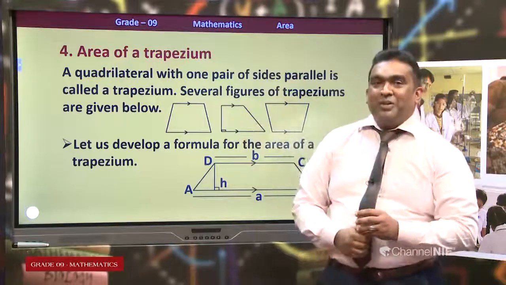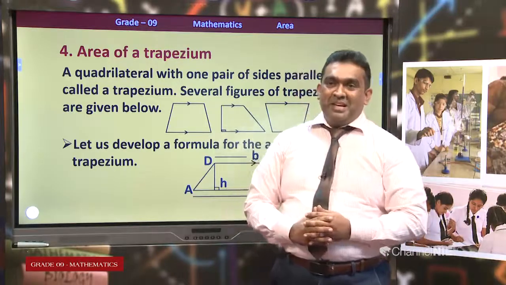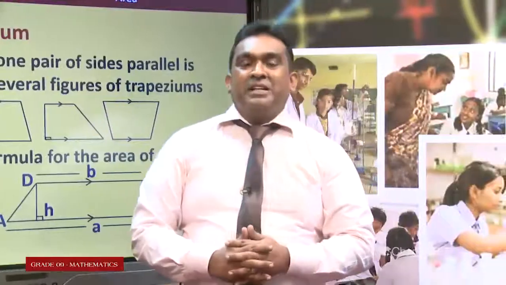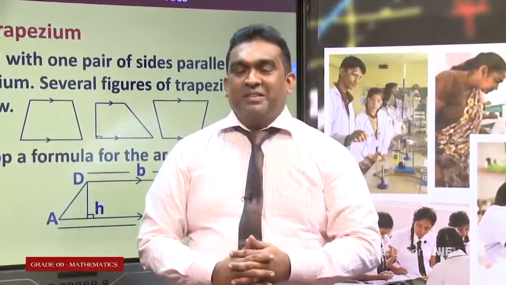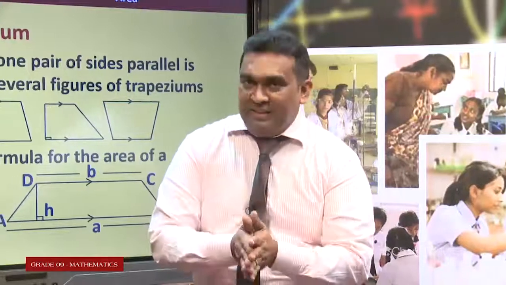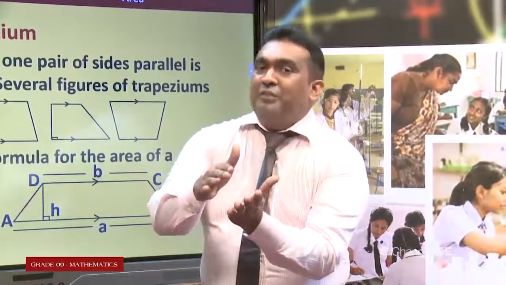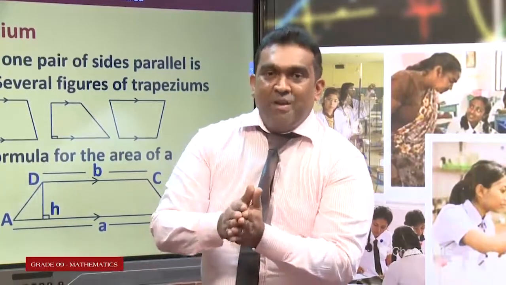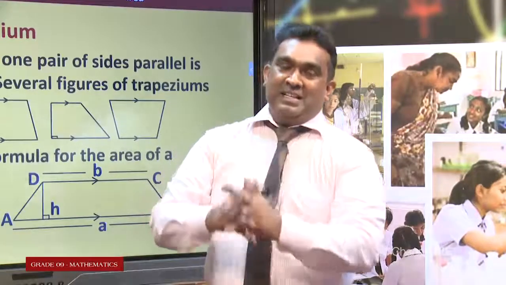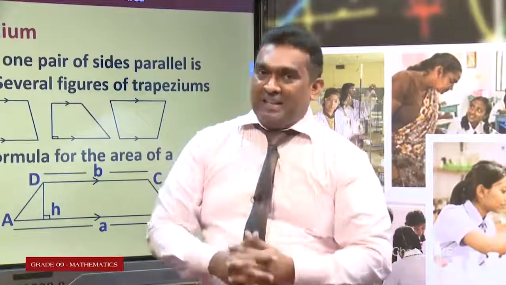Now we are going to find out the area of a trapezium. Then how to identify a trapezium? A trapezium is a closed plane figure. It has one pair of parallel lines. In a parallelogram, there are 2 pairs of parallel lines.